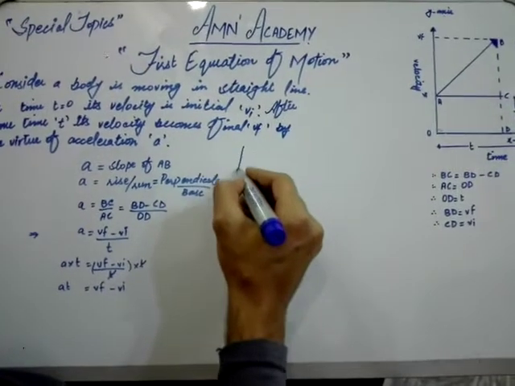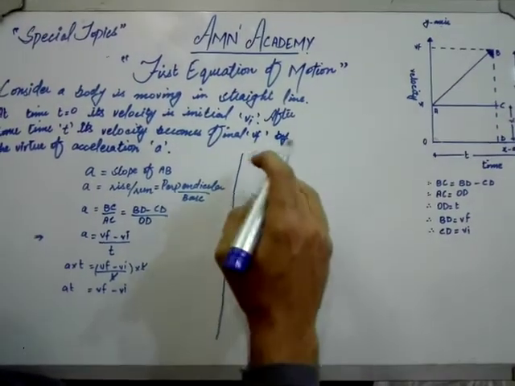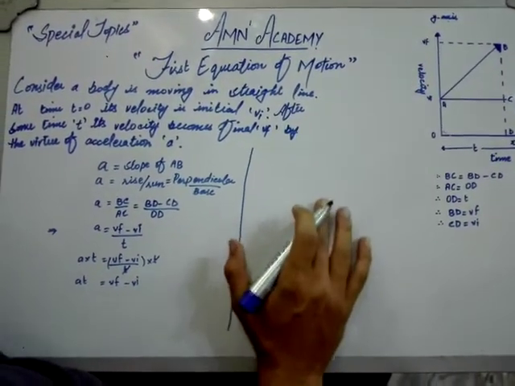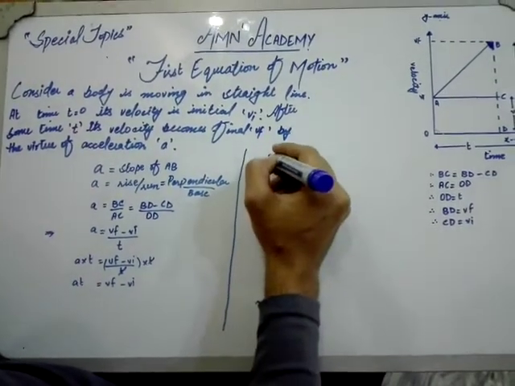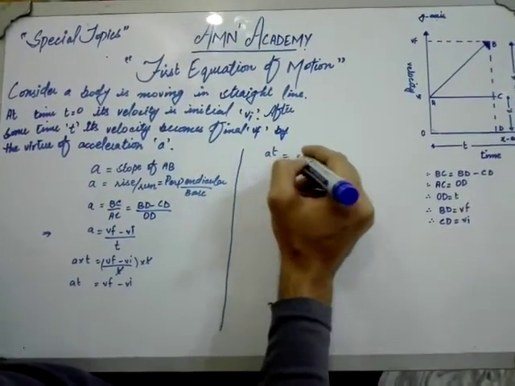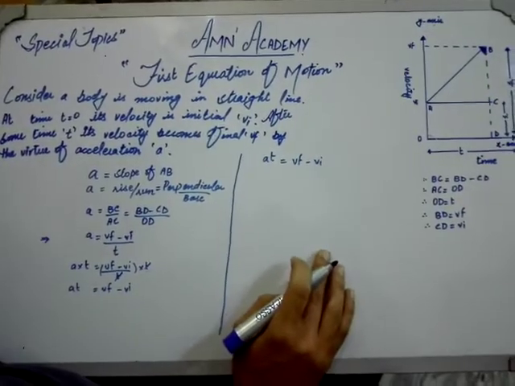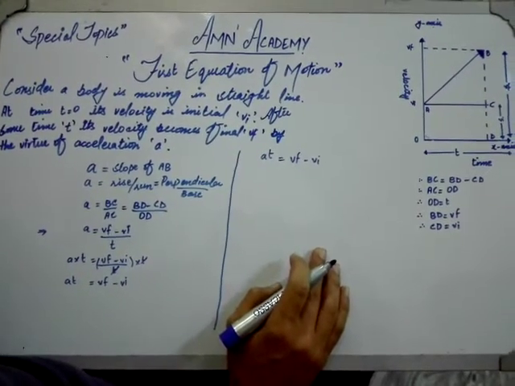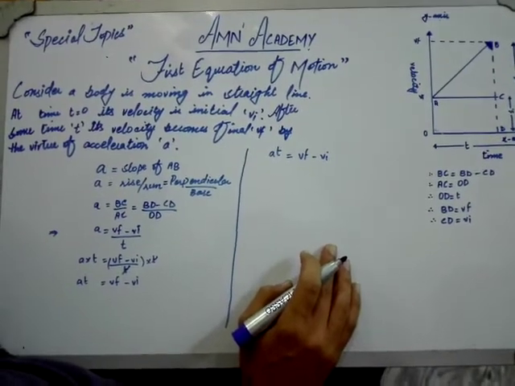Let me make a partition line so I can write the remaining part here. Now at is equal to vf minus vi. So what is our first equation of motion? Basically that is vf is equal to vi plus at.